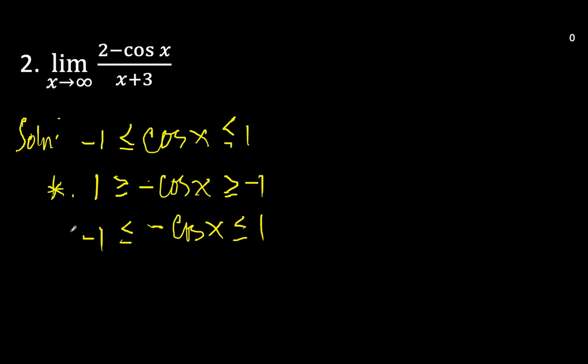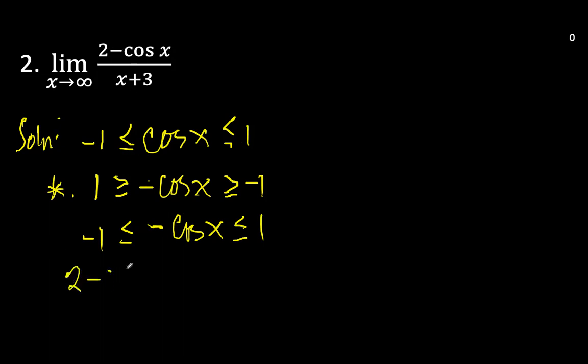By just rewriting the values, you can deal with this if you want, but I want to use the original orientation of -1 to 1. It doesn't really matter whether you work on this or this one. So let's continue. Again, there is 2. The expression is 2 minus cosine x. Therefore, for me to express negative cosine x as 2 minus cosine x, I need to add 2 to both sides.